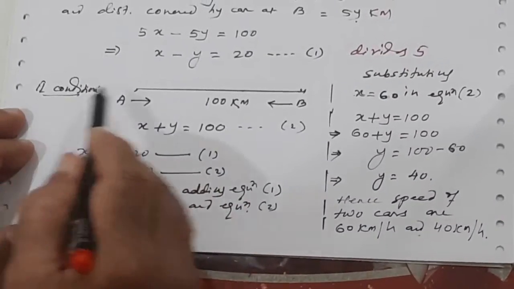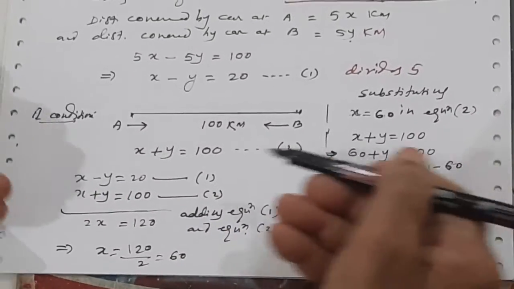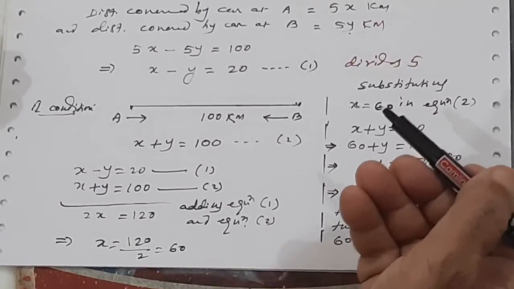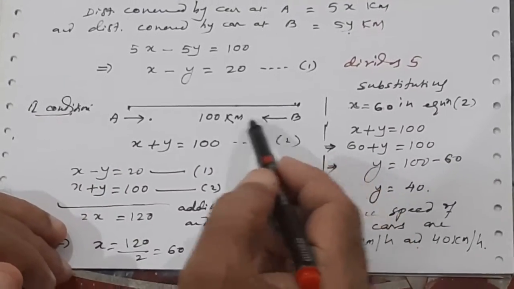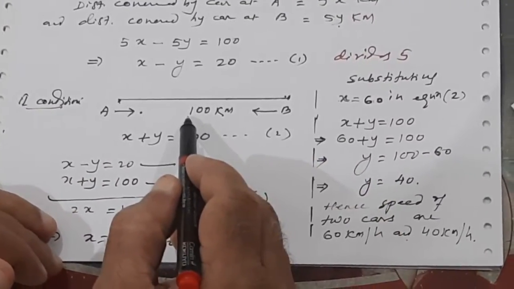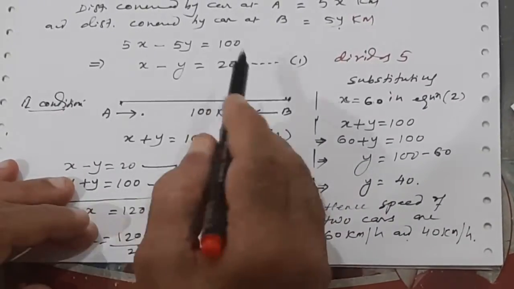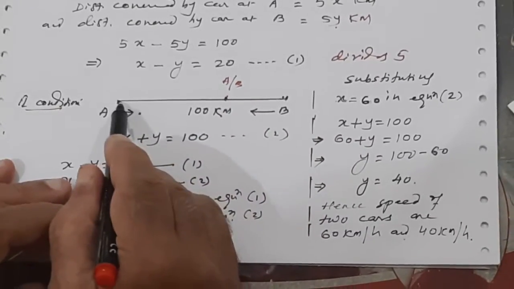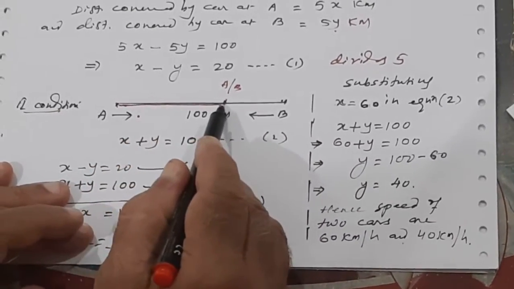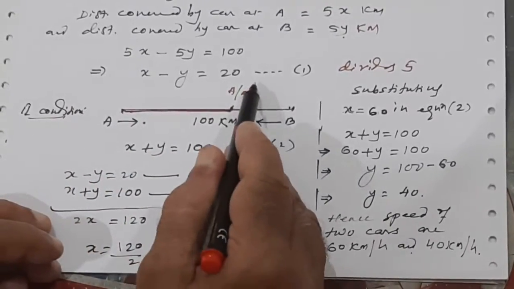Now the second condition, again the diagram you see, they are traveling towards each other, I mean they are traveling in opposite directions. So A is traveling to the right and B is traveling to the left. So obviously somewhere here they are meeting. Suppose this is the C spot.